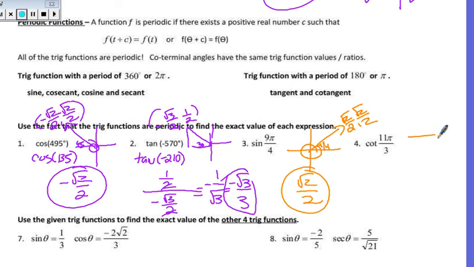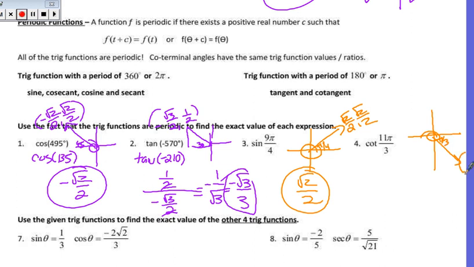For cotangent, over here we have 11 pi over 3. Now each semicircle is being cut into 3 congruent pieces. Let's just start counting. 3, 6, 9. If I went one more, that'd be 12. That's just a little too much. So we're going to wind up over here, winding up with a pi over 3 reference angle, which is the same as 60.